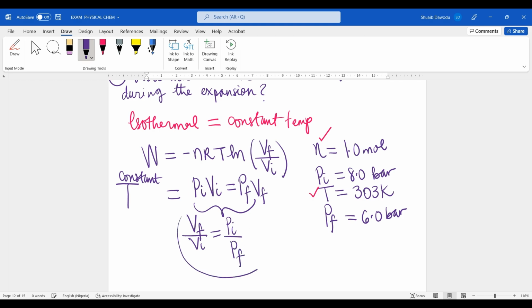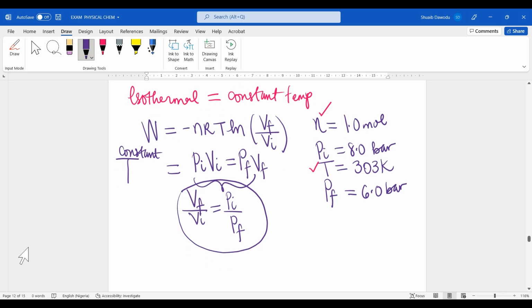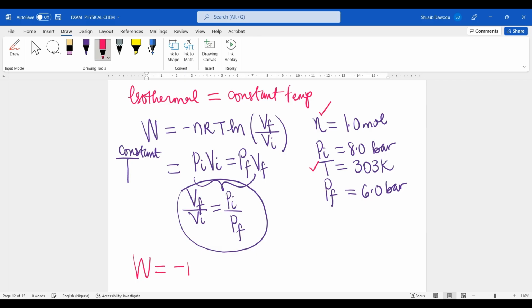So what this is telling you is that when you have a constant temperature process, an isothermal process, you can rewrite the formula for work done to be work done is equal to negative nRT ln P initial divided by P final. With this, we have successfully determined the new formula, and we now know the value for P initial and P final.